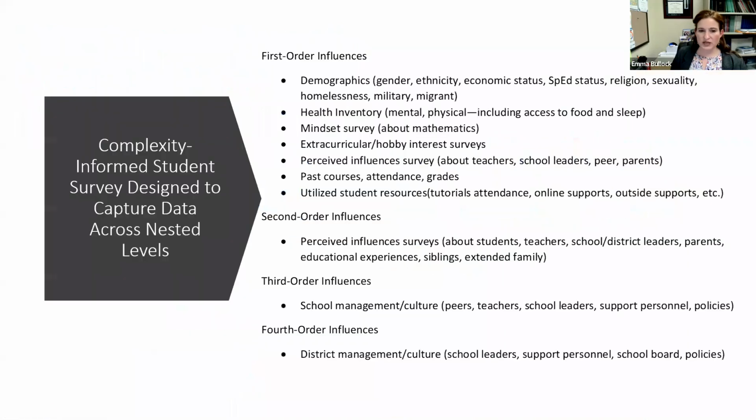So what we can do is we can use that to go, okay, I want to collect information from students about these first order influences and about these types of second order influences and these types of third order influences and these types of fourth order influences.